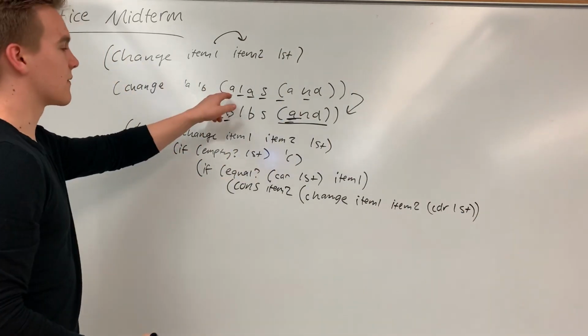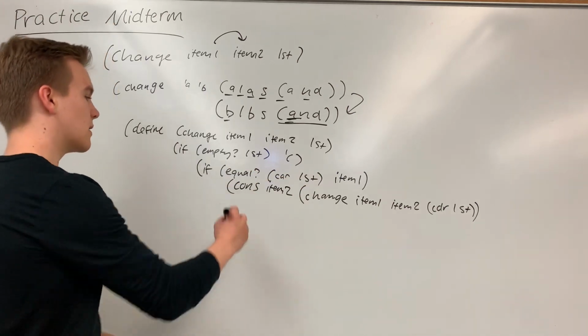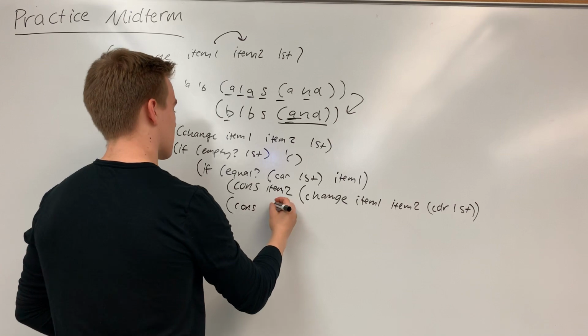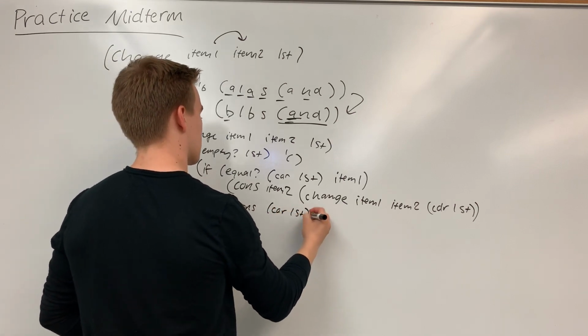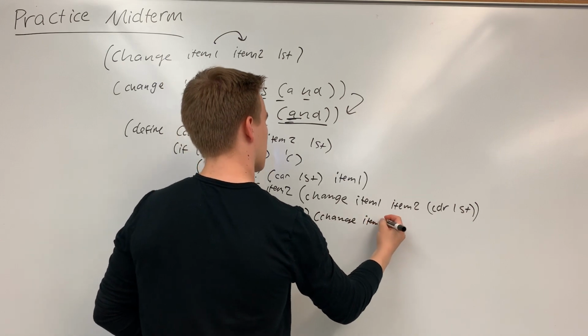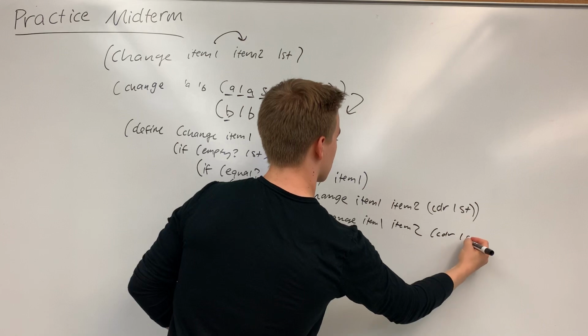Right, so I'm removing that first element from the list. If it was item1, I'm replacing it with item2. Otherwise, I'm just going to leave it alone. Cons car list onto change item1, item2, CDR list.